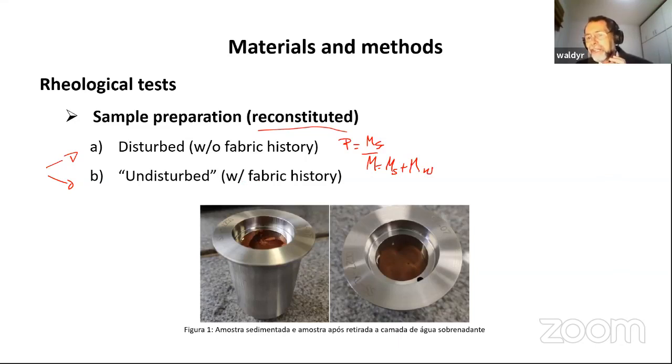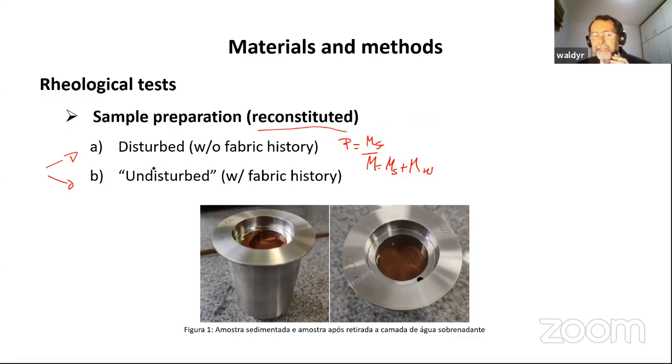The grains are there, just mixing with solids and water, or any liquor that we have in the plant. This is what we call a disturbed sample. We're going to talk about samples with 60%, 75%, 80% solids content.